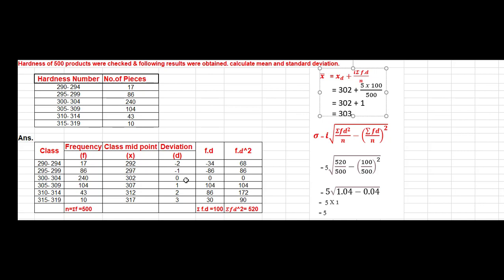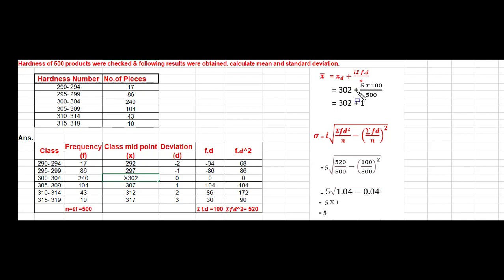Here xd is the class midpoint value in front of 0 deviation, and the class midpoint in front of 0 deviation is 302. So xd will be 302.